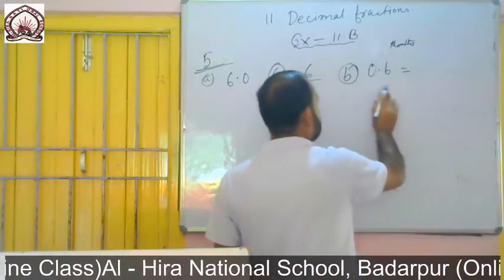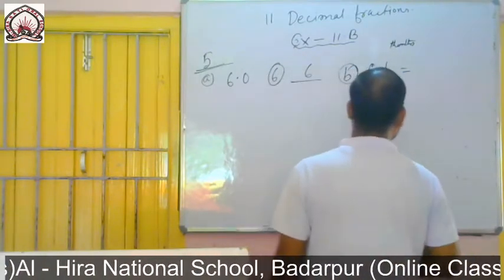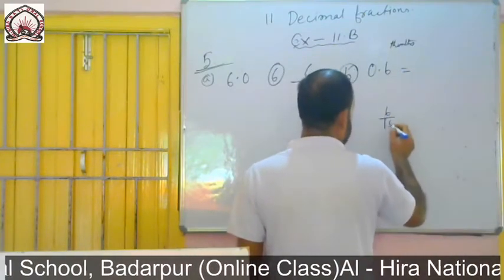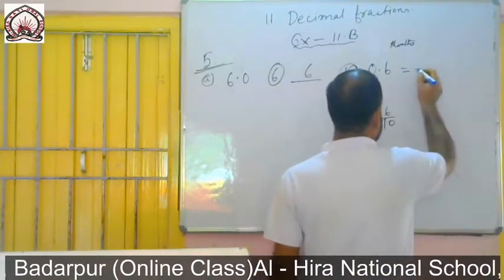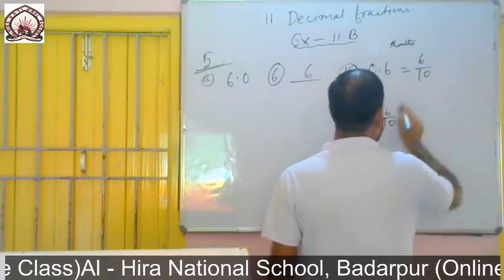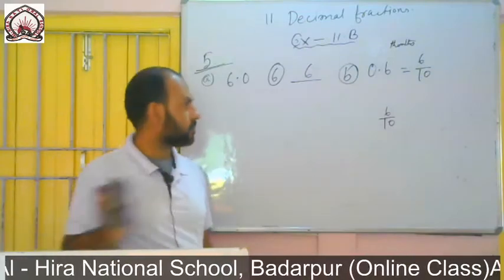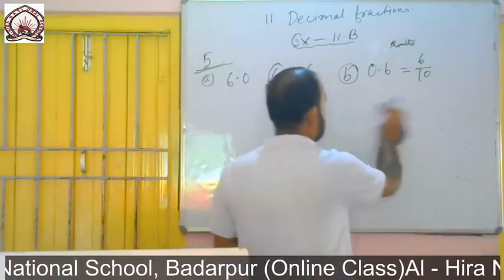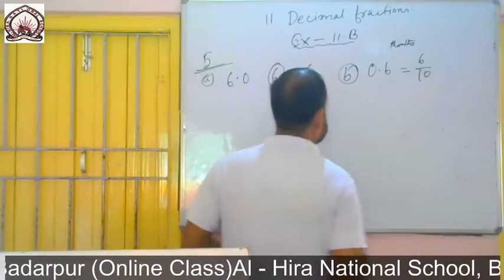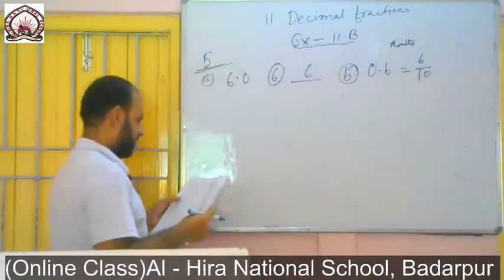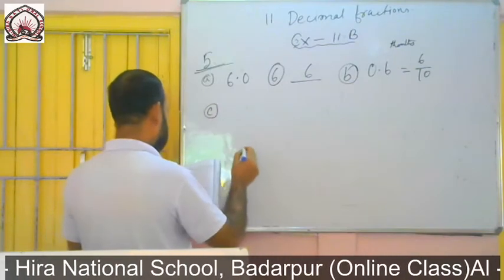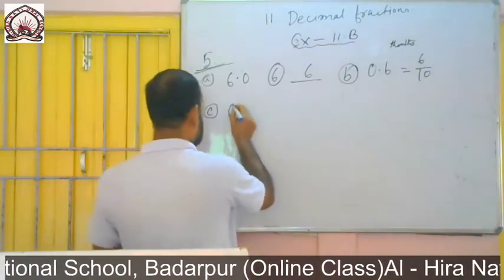So tenths means 6 by 10. The answer here is 6 by 10.